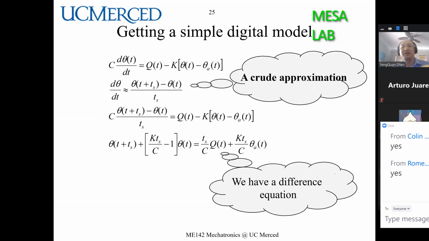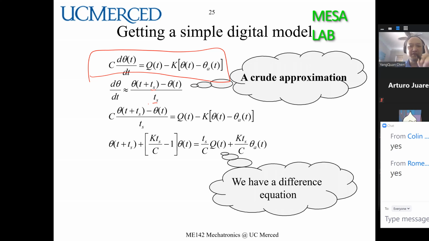So let's start from here. This is the continuous time domain, but let's do dθ/dt like we learned, as θ(t+Ts) minus θ(t), divided by Ts. This is called the rectangular approximation of the derivative.